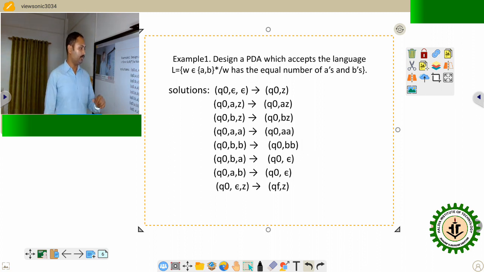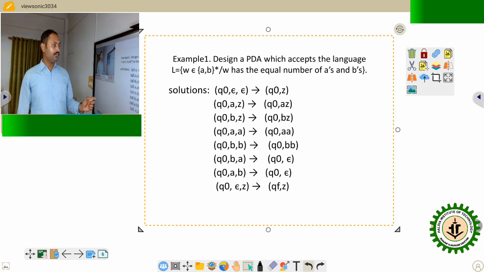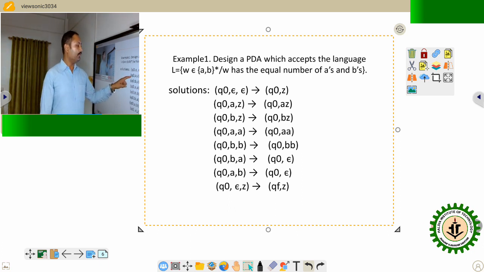Now we are going to insert a number of A into the stack. So our current state is Q0. Now we are going to scan input symbol A, and what will be the top of the stack? That is Z. So after accepting A, it will store the current inputted symbol on the top of the stack.